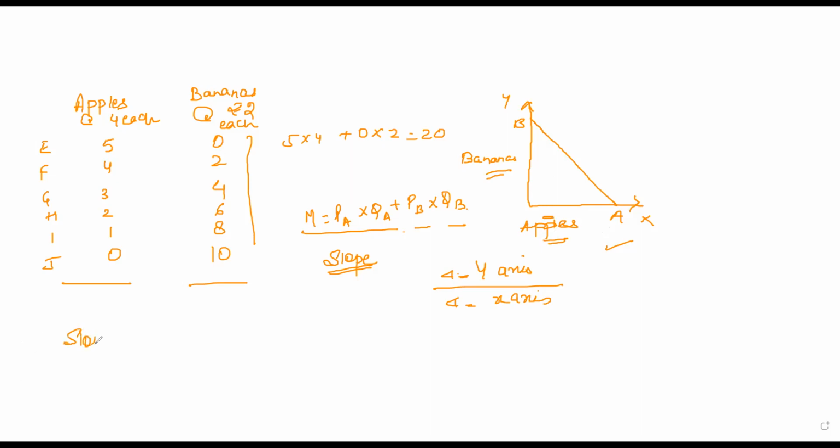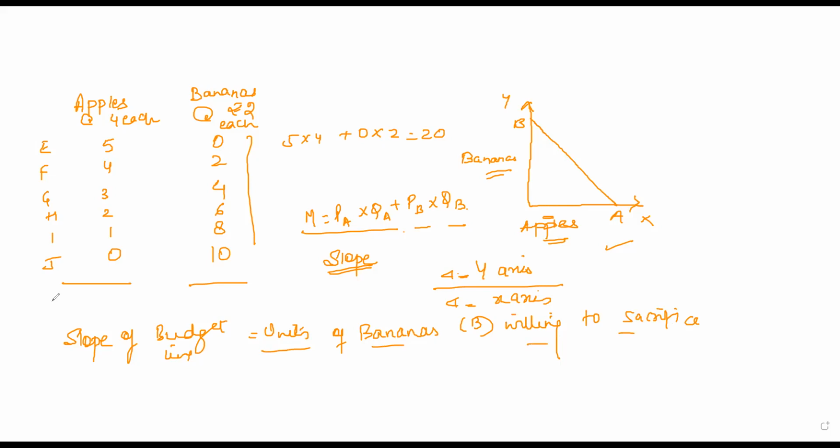So if I write it here, the slope of budget line is equal to the units of bananas, that is B, which you are willing to sacrifice, divided by the units of apples which you are willing to gain.